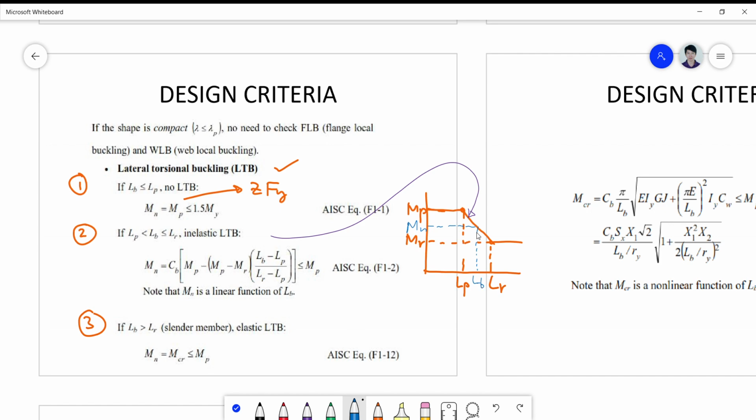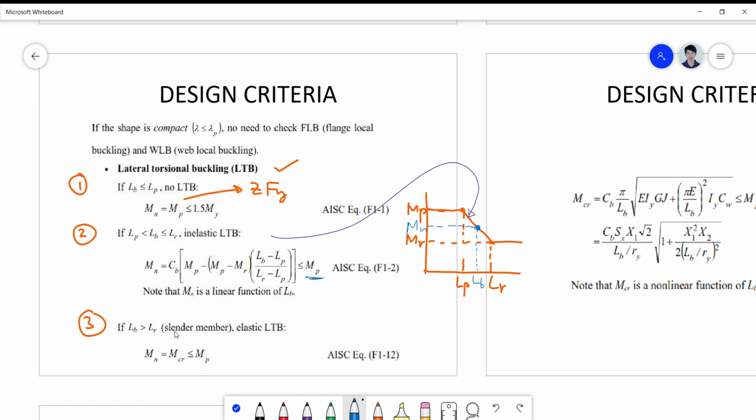Okay, so this is the point at which your interpolation formula is determined, but not greater than MP.